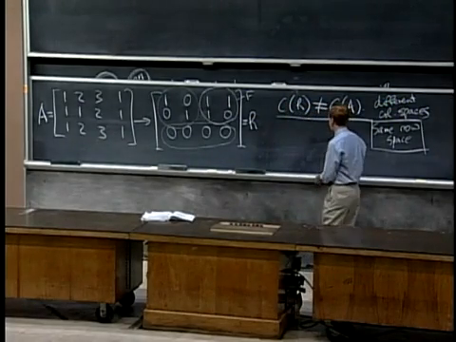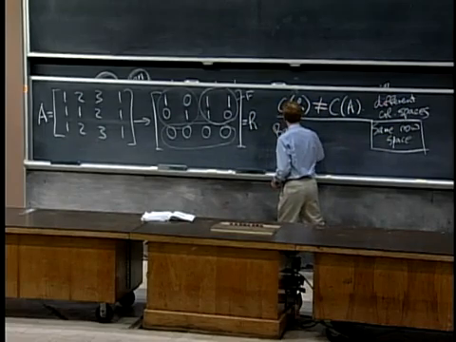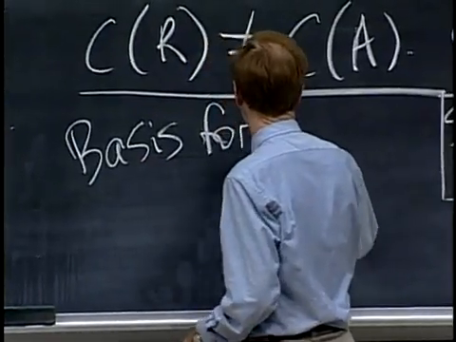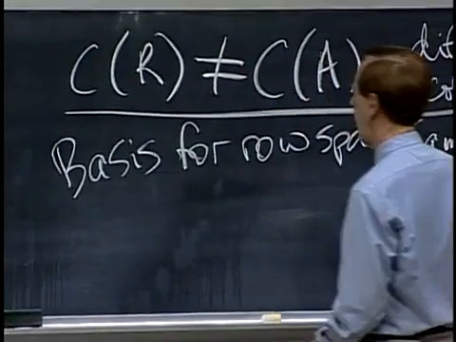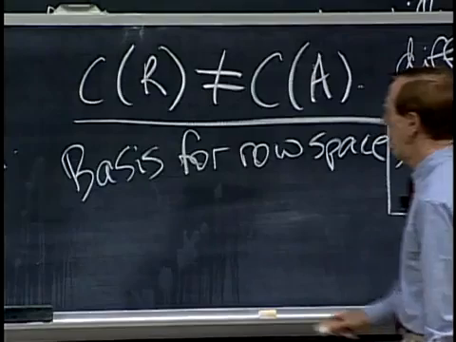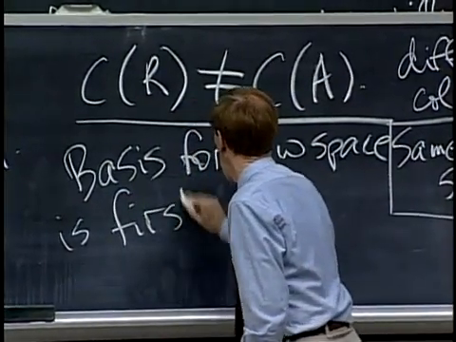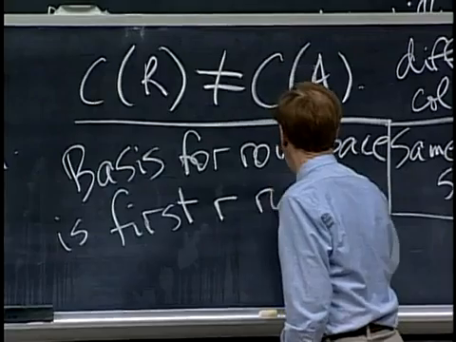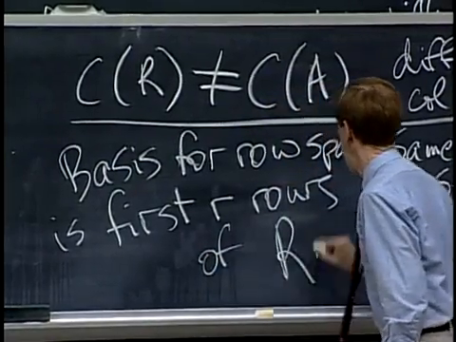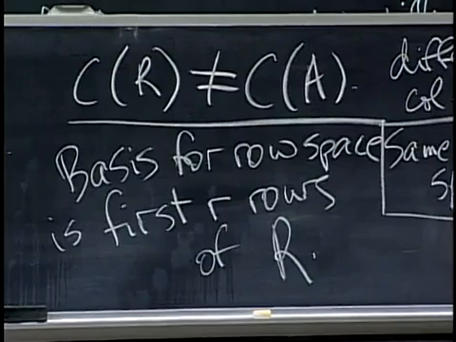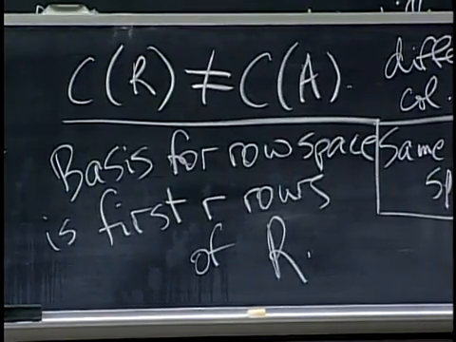So a basis for the row space of A or of R is the first r rows of R, not of A. Sometimes it's true for A, but not necessarily.